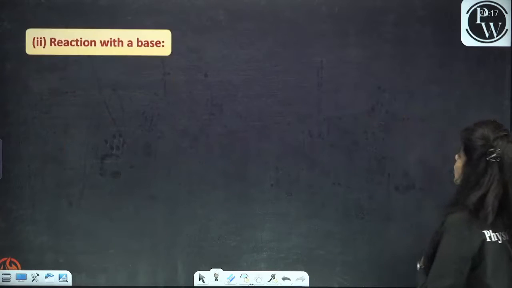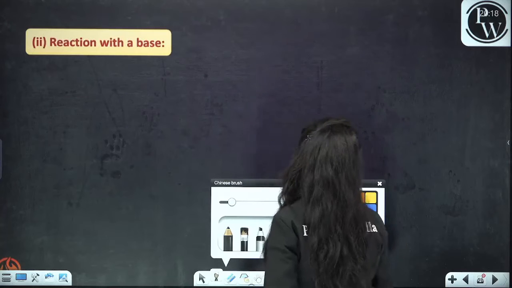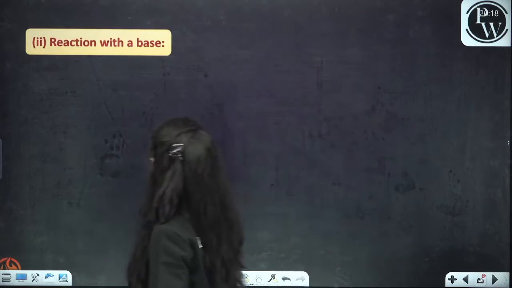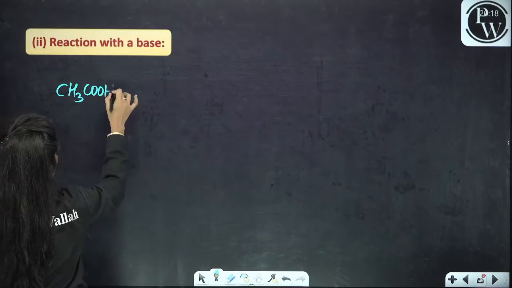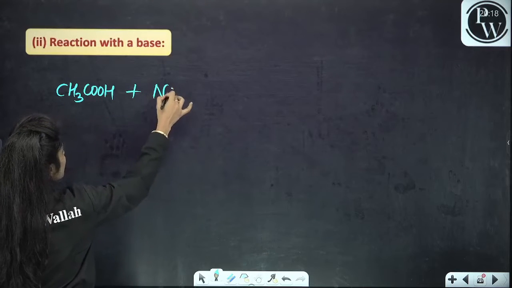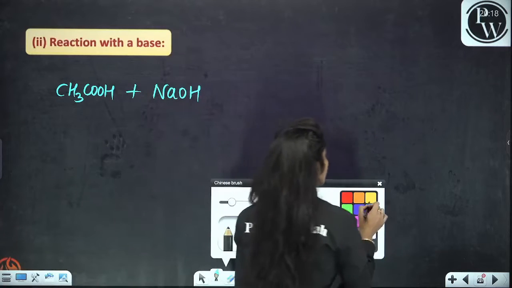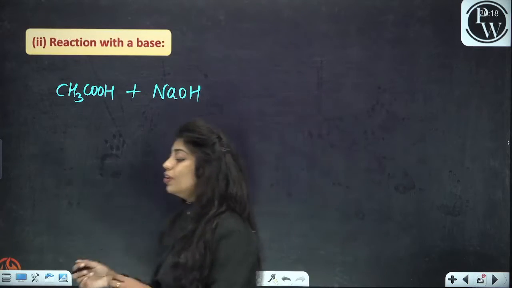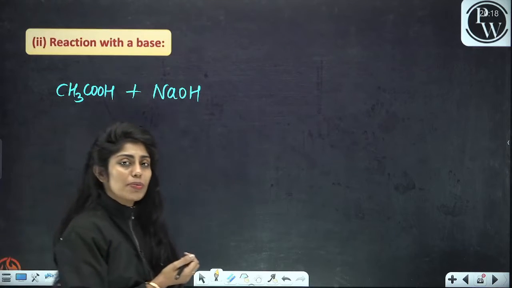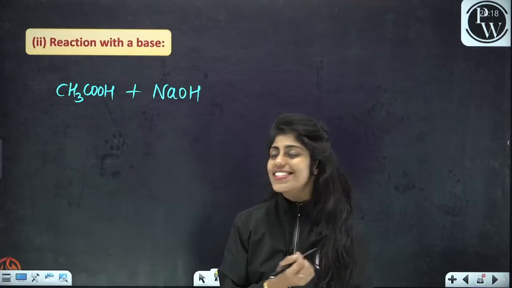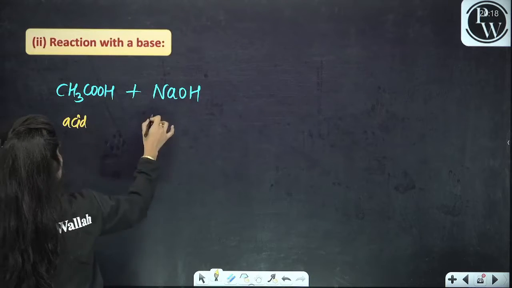Now we have another, which is reaction with the base. Alright, no problem. Suppose we have CH3COOH and NaOH, alkali, base. So I would like to know from you, when acid reacts with base, what happens? Yes. So this is your acid, of course, and this is your base.